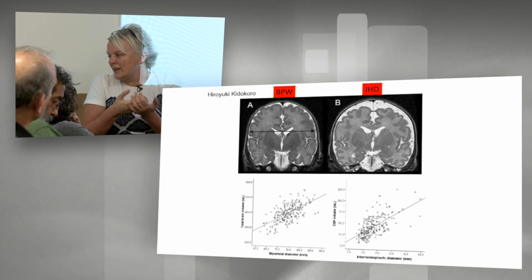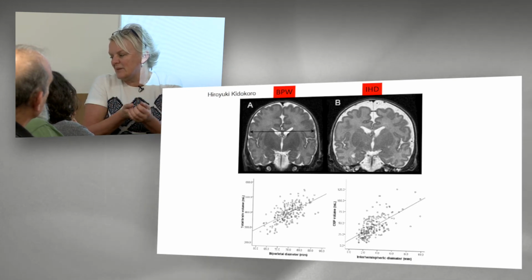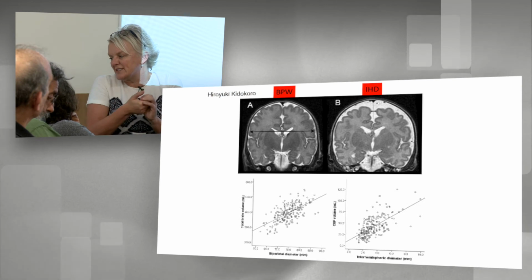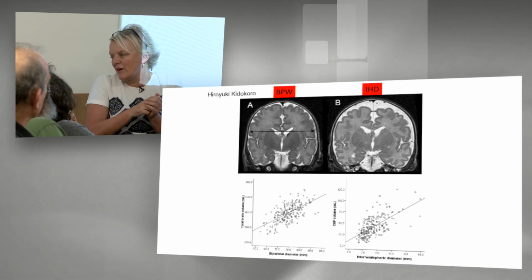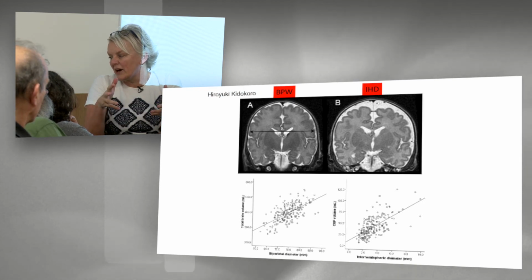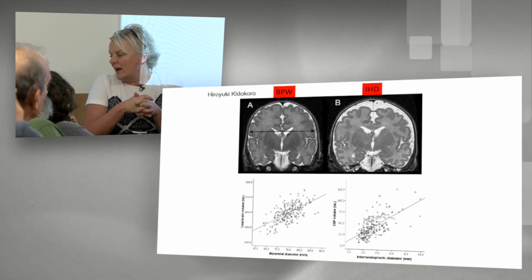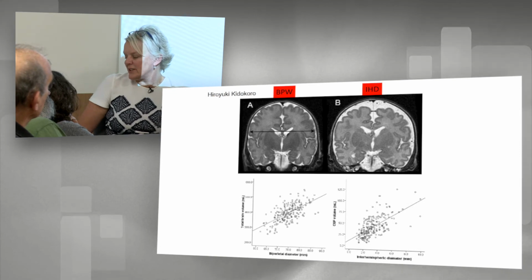The first is to look at the biparietal width, so that gives us a measure of the brain volume. As you can see here, there's a fairly good correlation between that simple measurement at the level of the cochleas, of the width of the brain, against brain volume. And the second is the interhemispheric distance.